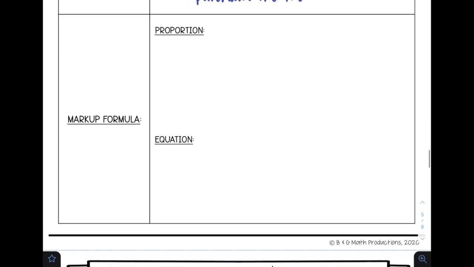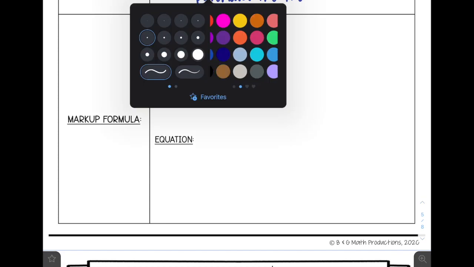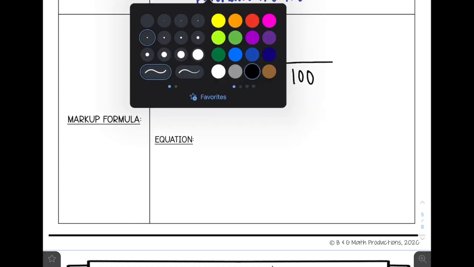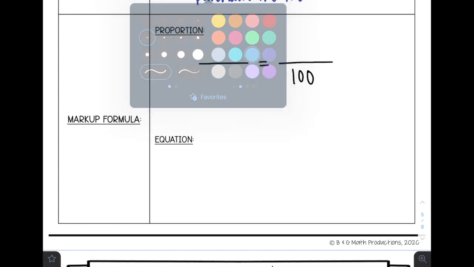So to follow what we've been talking about using proportions and also using equations, when writing out your proportion, you want to make sure that you have your two fractions that are set equal to each other. You have your 100 on the bottom right, and that's always compared with your percentage.